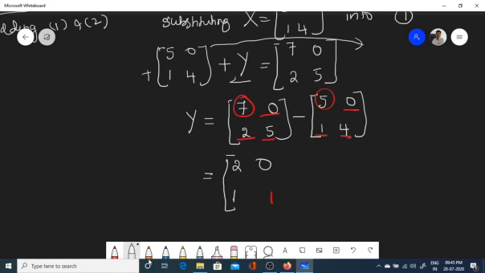So this is 2 comma 0, 1 comma 1. This is the Y matrix. So just by solving the simultaneous equation, we are finding X and Y.